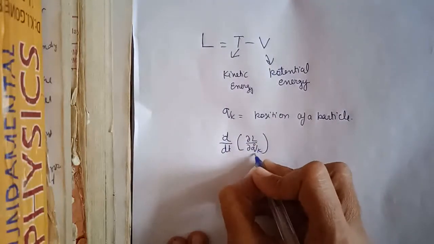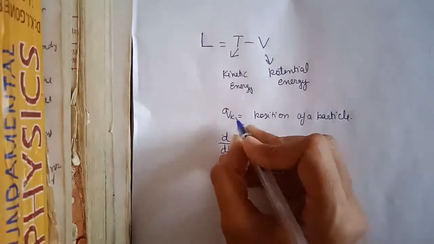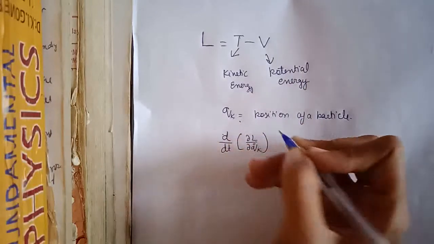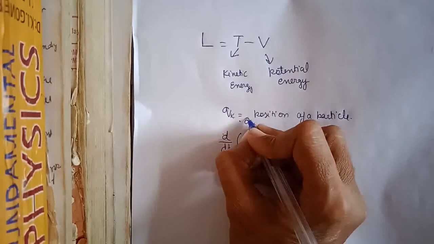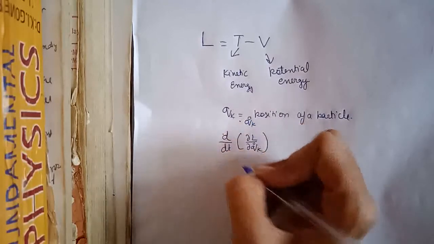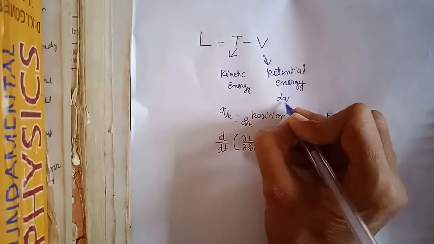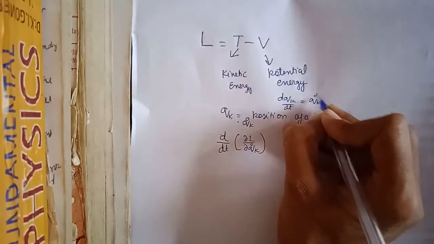What is qk dot here? qk dot is velocity. qk is the position of the particle, and if we differentiate qk with time, it will become qk dot, meaning dqk by dt gives you qk dot.